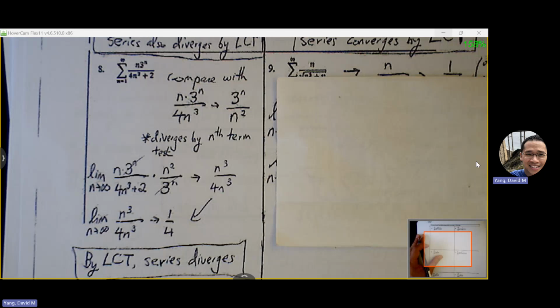My degrees match because I'm able to cancel out the 3 to the n. I can ignore the +2. That gives me 1/4.